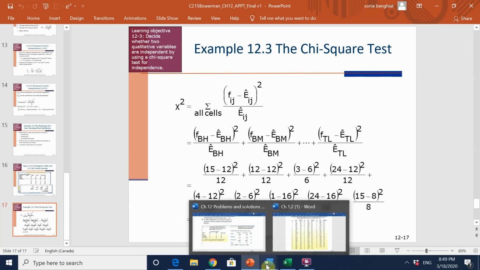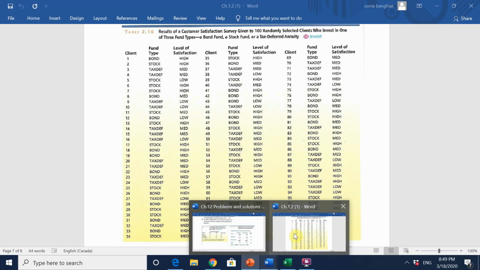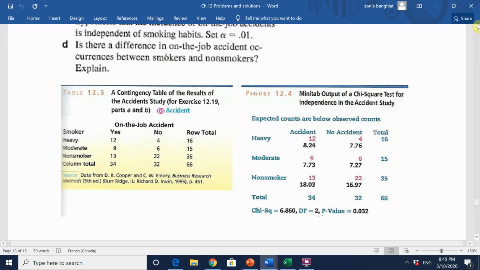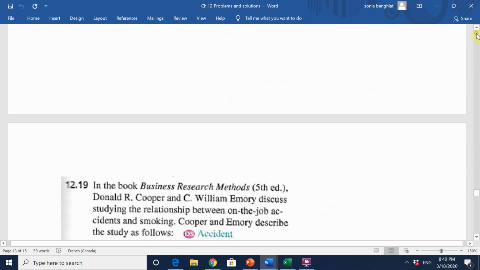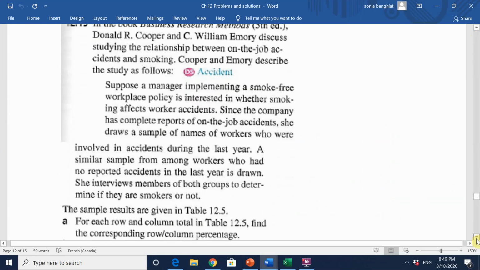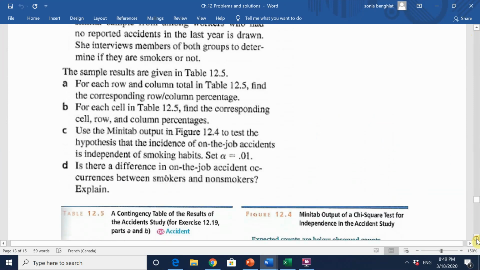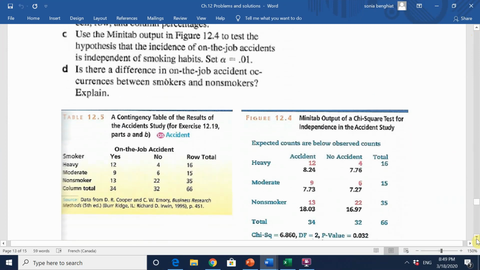Now I just want to go through an example over here. So here we have an example where we've got whether the person is a smoker, and if so, what is the level of smoking?